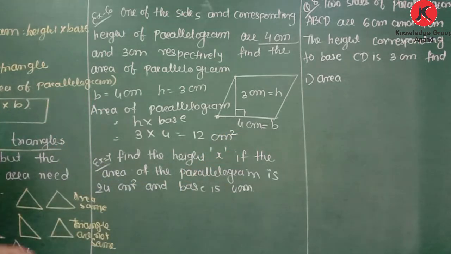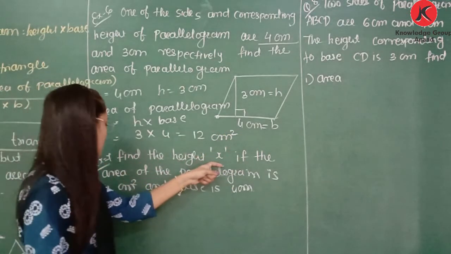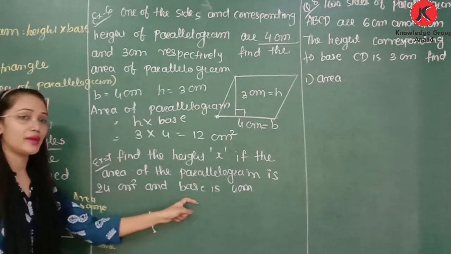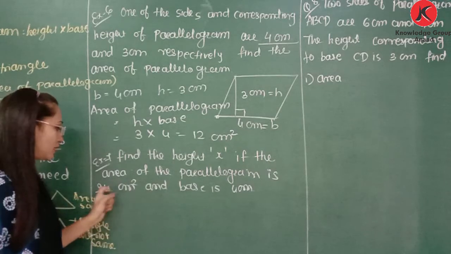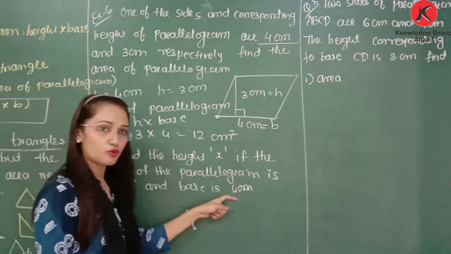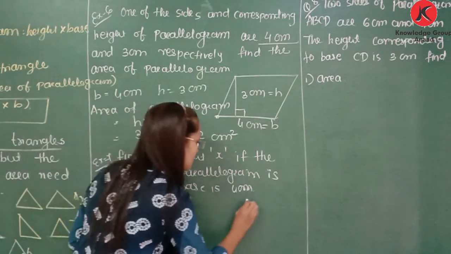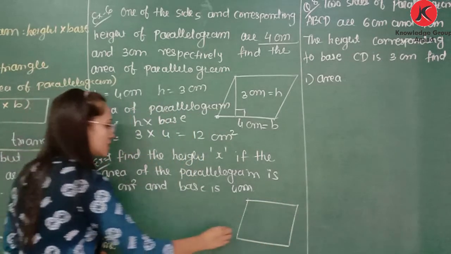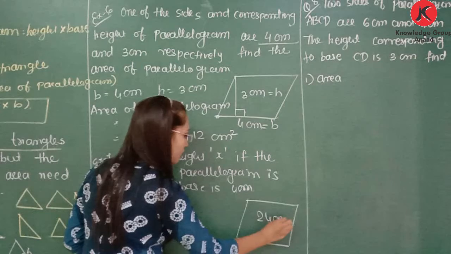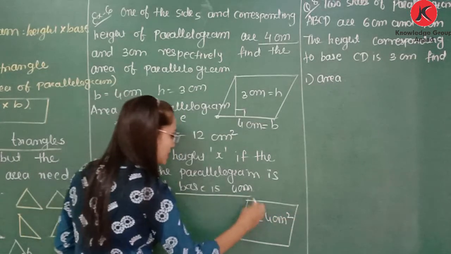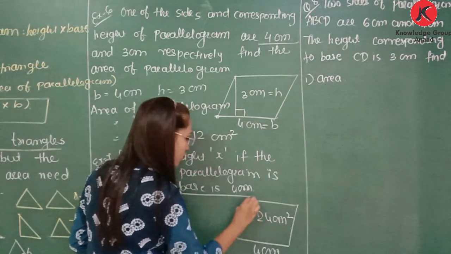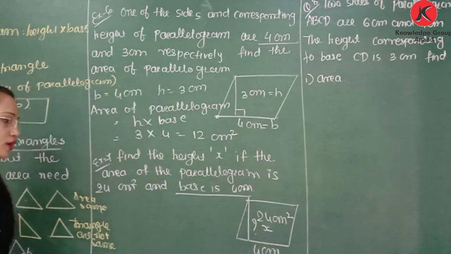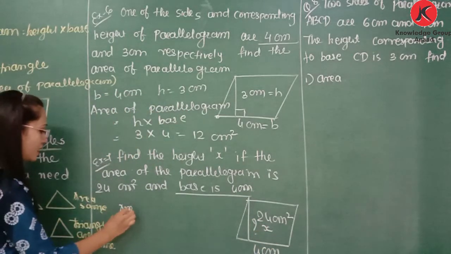Okay, now next one. Find the height x if the area of the parallelogram is 24 centimeter square and the base is 4 centimeter. If we consider this parallelogram, area is given 24 centimeter square, base is given 4 centimeter, and what we need to find is this height x. So what is the equation for the area of a parallelogram?